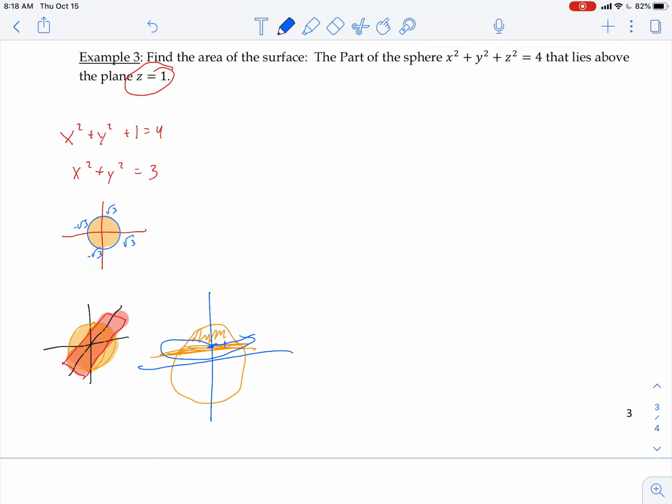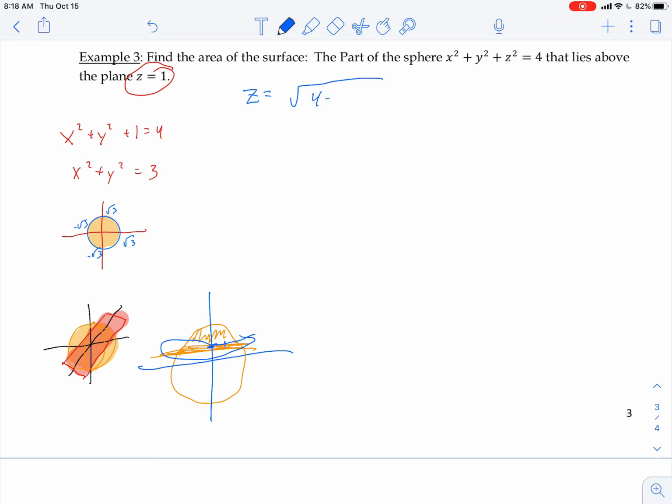And so we have almost everything we need. The only other thing that we need is to take care of our equation. So we have our region D, and then we need our z. Our z is going to be defined by solving our spherical equation for z.